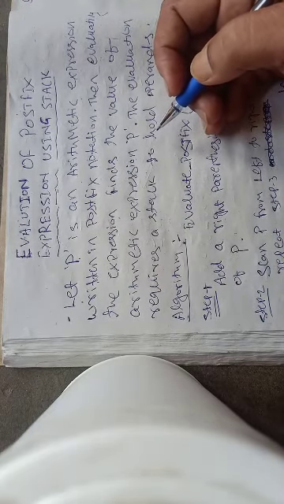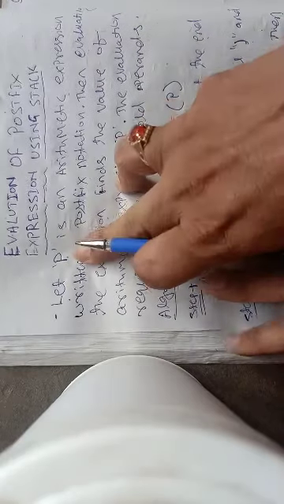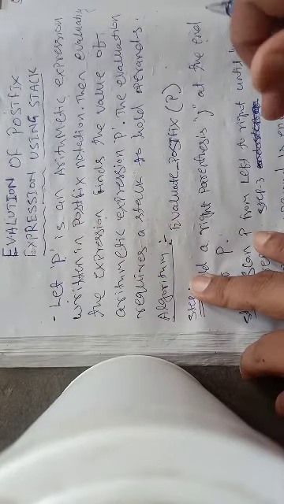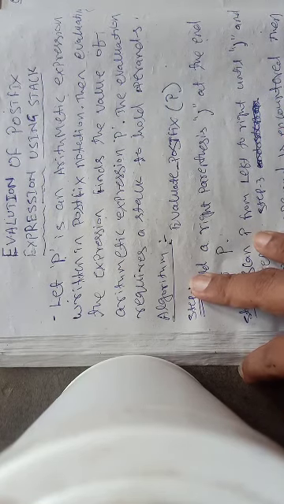That is what is known as evaluation. The evaluation requires a stack to hold operands. When we evaluate the postfix expression P, we need the help of a stack, and that stack will contain all the operands present in the postfix expression P.